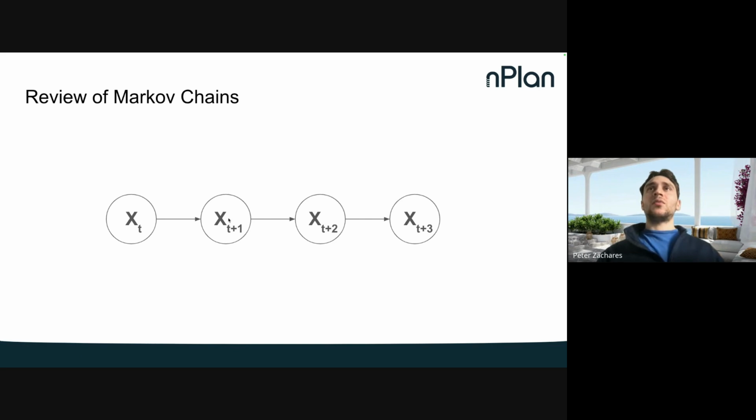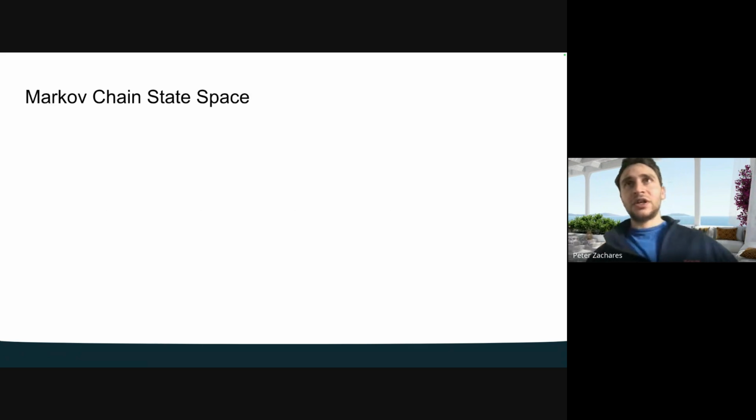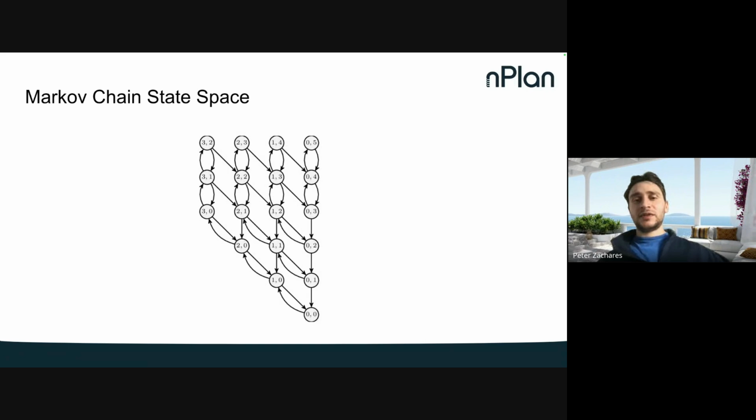You could think of each of these time steps, or the states at these time steps, as a wall that separates the past from the future. That's a key idea in Markov chains. This is showing the conditional dependencies, but we also have to think about it in terms of its state space. Here's a really basic state space, which is a grid.